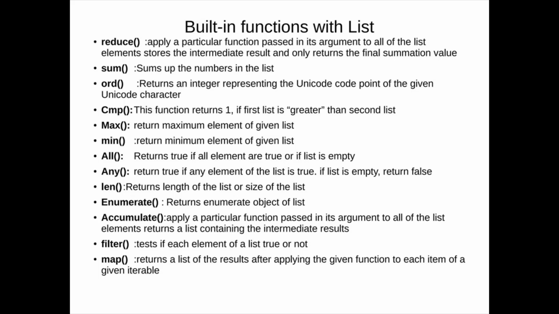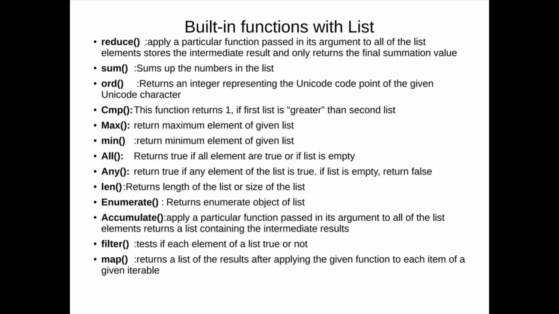Next, any and length. Length returns the length, or size, of the list. Any returns true if any element of the list is true, and false if the list is empty. Next, enumerate and accumulate. Enumerate enumerates the objects in the list.